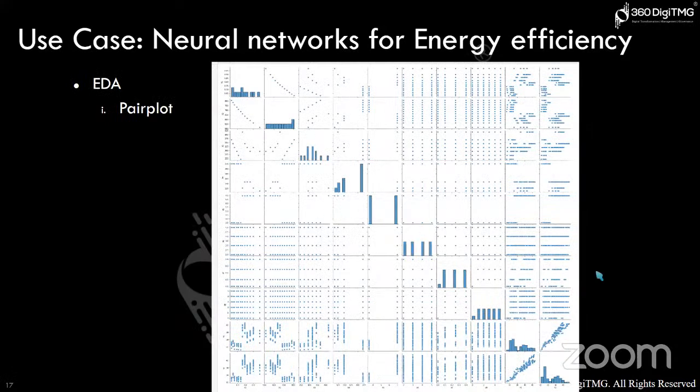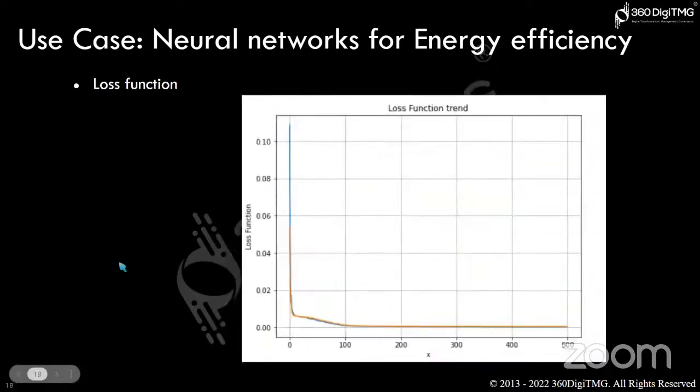When we did EDA, we found characteristics something like this. You can see many are discrete values. A few of them have some linear kind of relationship. This is just between our outputs. And when we saw the loss function, the error function, cost function, whatever you want to call it, we found a trend like this.